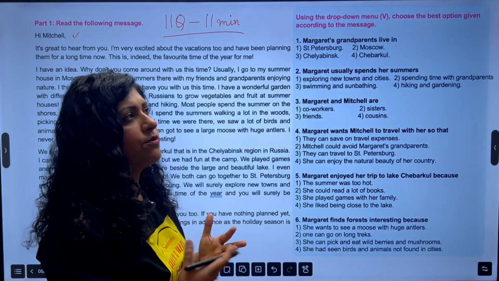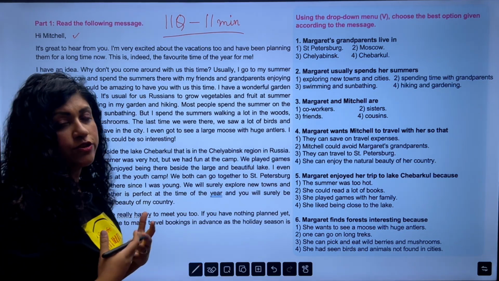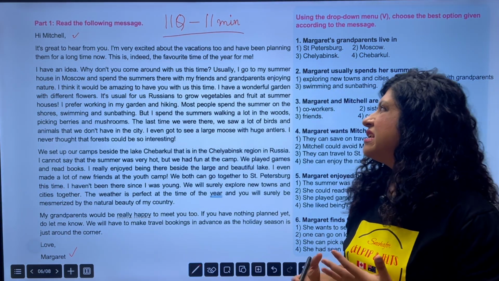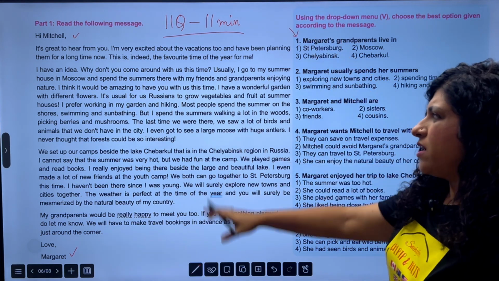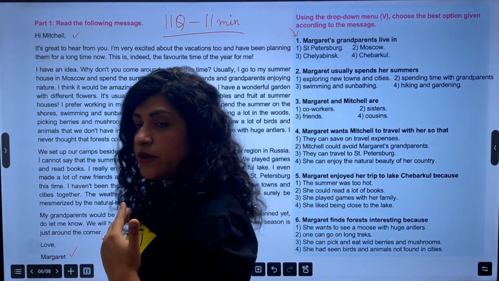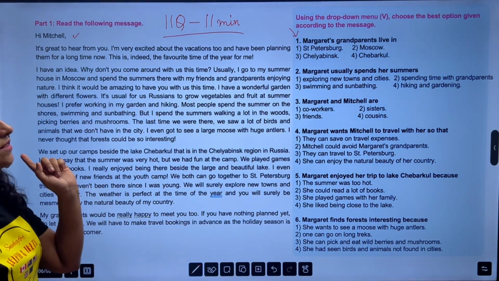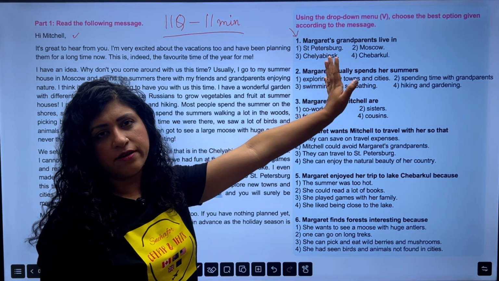Now when we talk about part 1 of reading, the approach that you should use in your examination is directly coming to the questions. Please don't waste your precious minutes reading the text first and then going to the questions. Come to the questions directly.